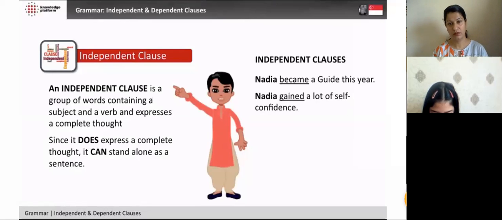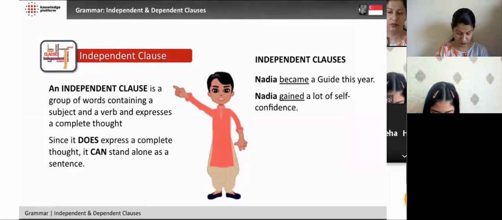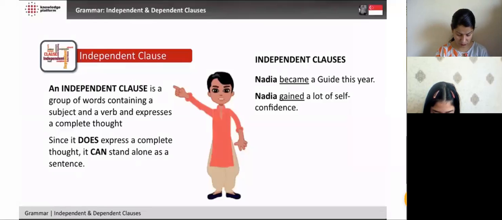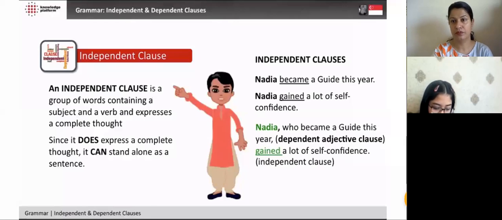Independent clauses. Nadia became a guide this year. Nadia gained a lot of self-confidence. Nadia is the subject and became is the verb. Nadia is the subject and gained is the verb. Nadia, who became a guide this year, dependent adjective clause, gained a lot of self-confidence, independent clause.